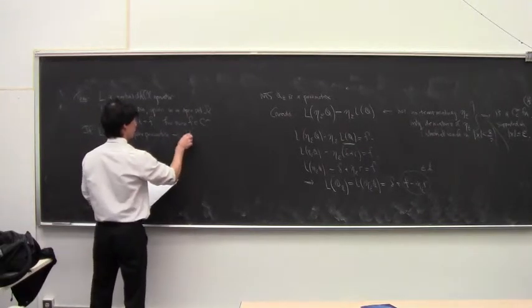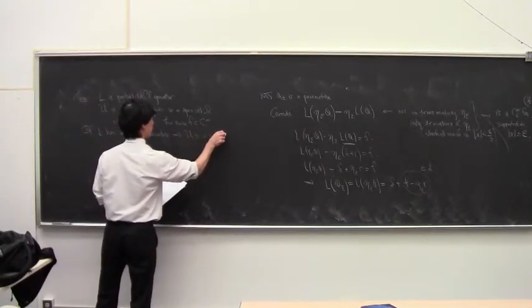Then U is a C infinity function on omega.